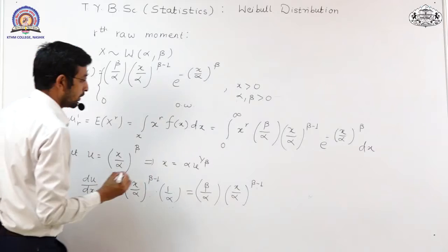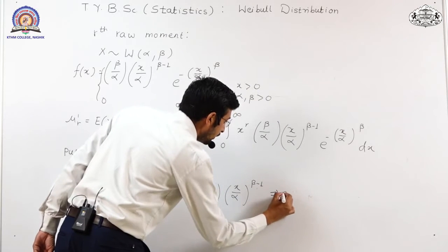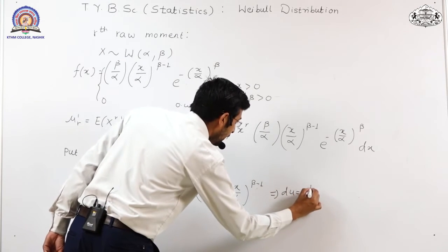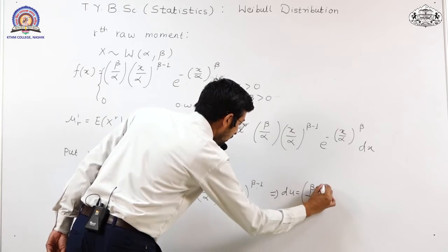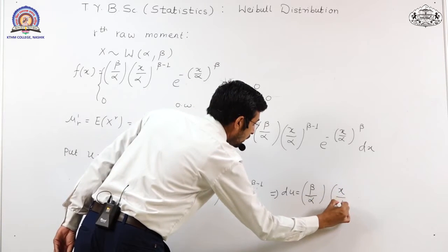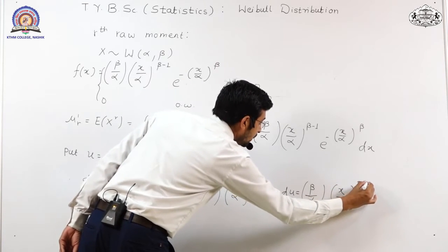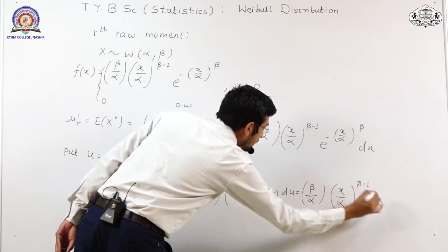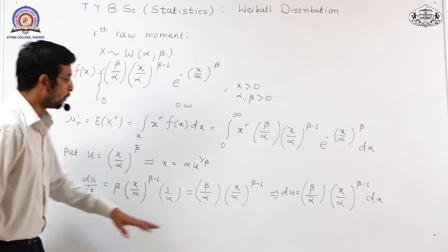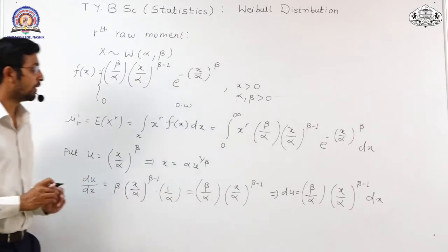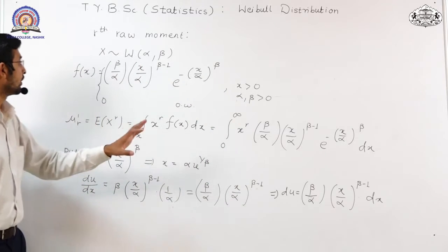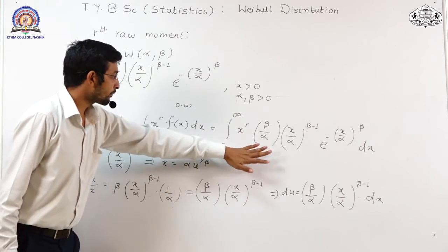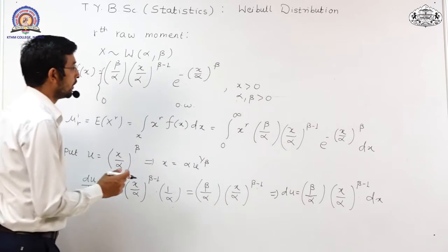So we can write du is equal to beta upon alpha (x upon alpha) raised to beta minus 1 into dx. So I just have to put beta upon alpha into (x upon alpha) raised to beta minus 1 dx in this integral sign, which is the du.